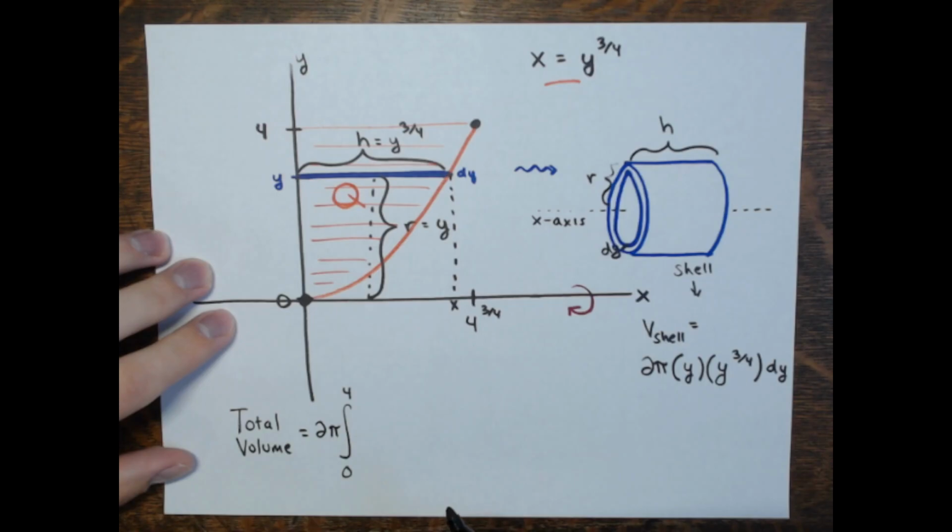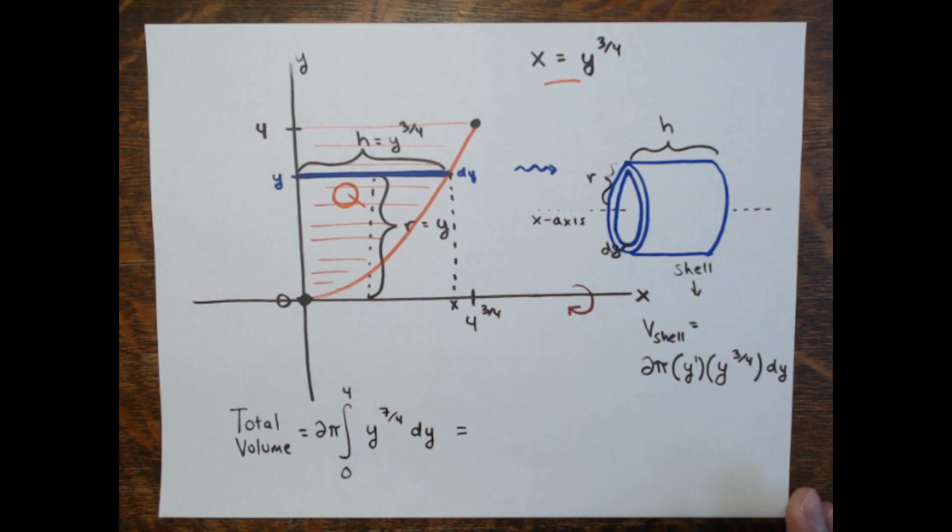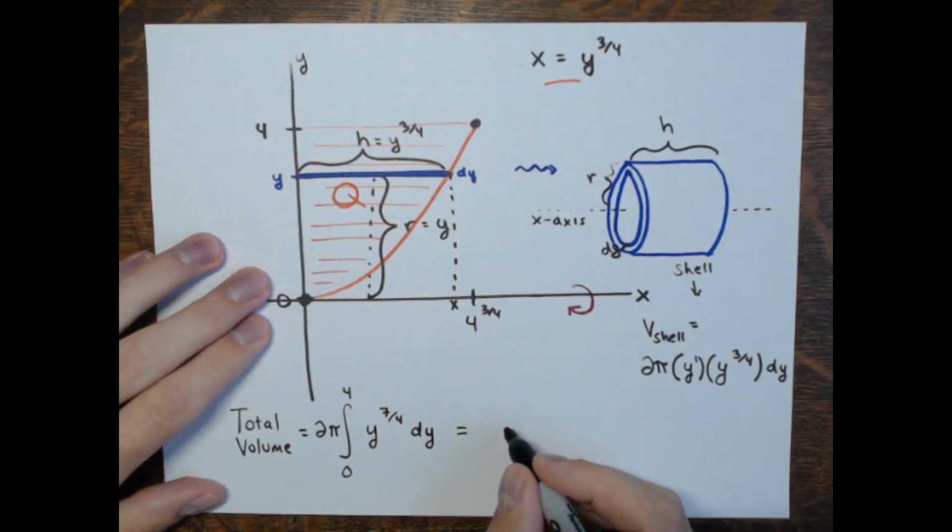We got 2 pi, and then y times y to the 3/4, that's y to the 7/4. 1 plus 3/4 would be 7/4. And then times the thickness, dy. And yet again, this is something I can just apply a simple power rule to take the antiderivative.